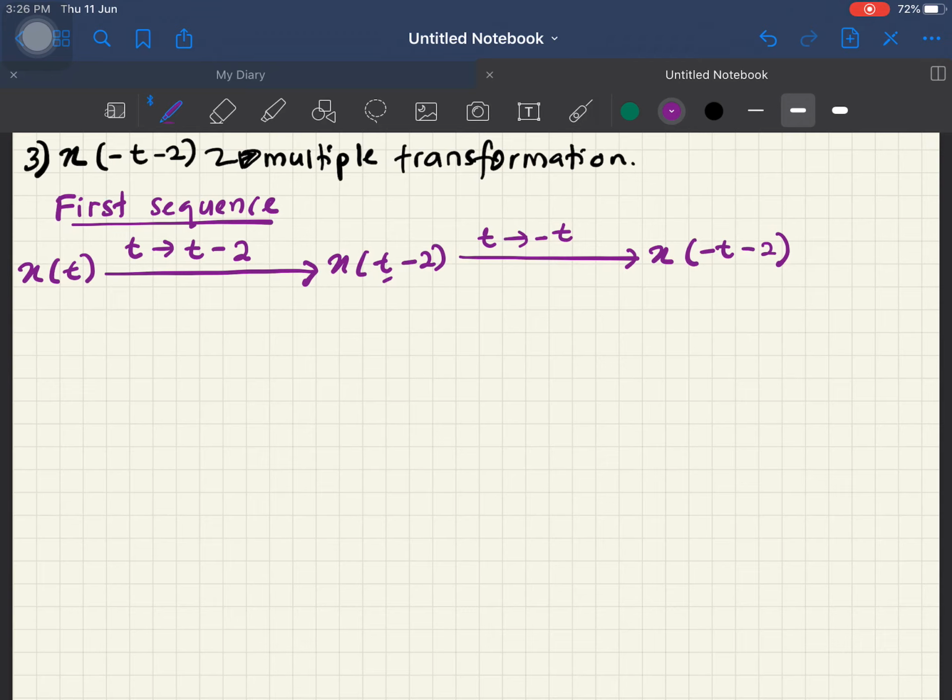So if we plot this graph, it will be 0, 1, 2, 3, 4. You have your original signal, you shift everything to the right, so you will get here 1 and 2, something like this.